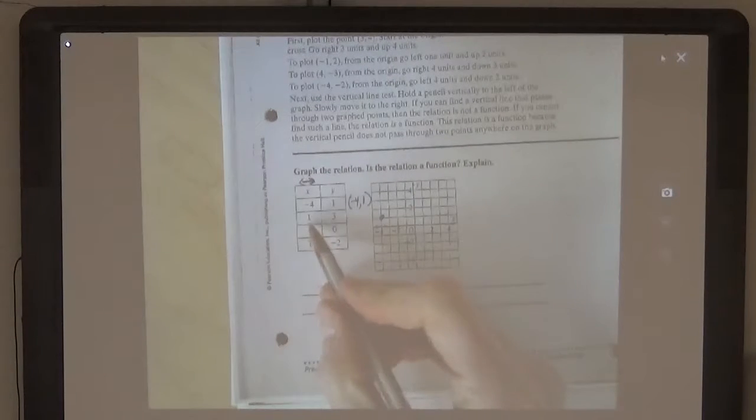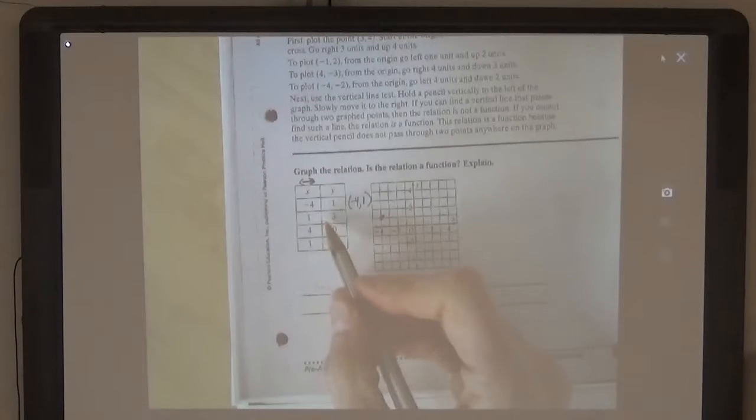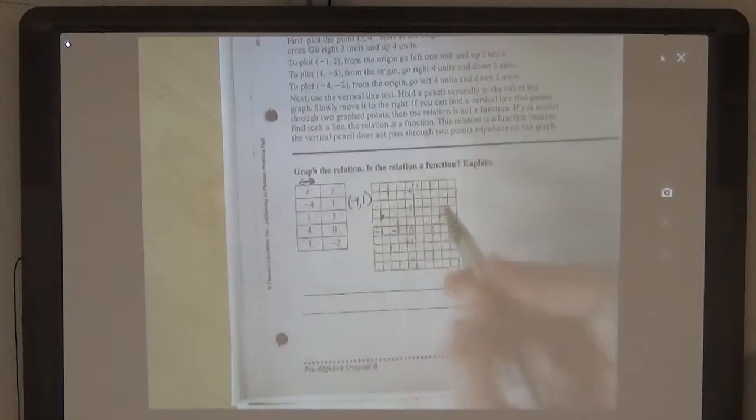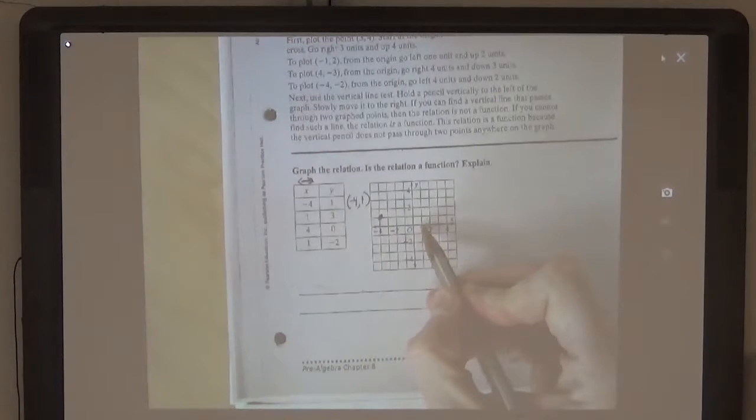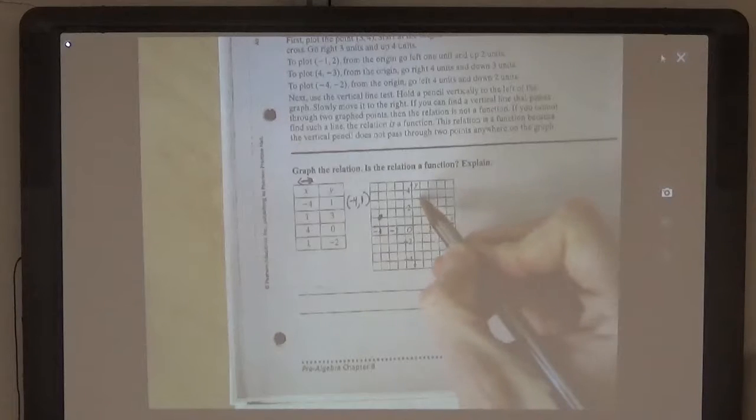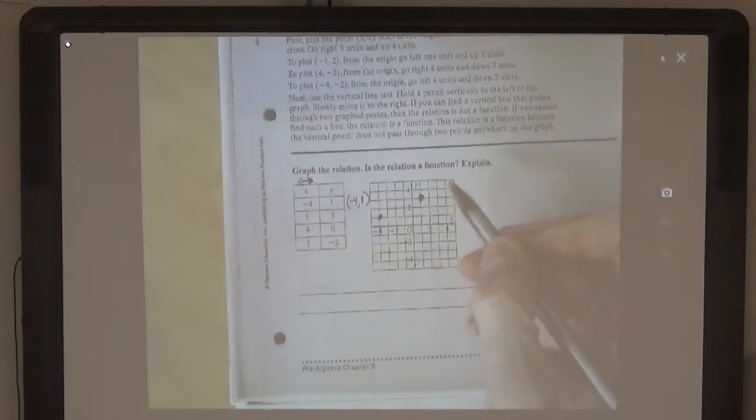Then go to the next set of numbers. This set of numbers is called an ordered pair. Right? Go to 1, so right 1, and then up 3, to mark the second point.